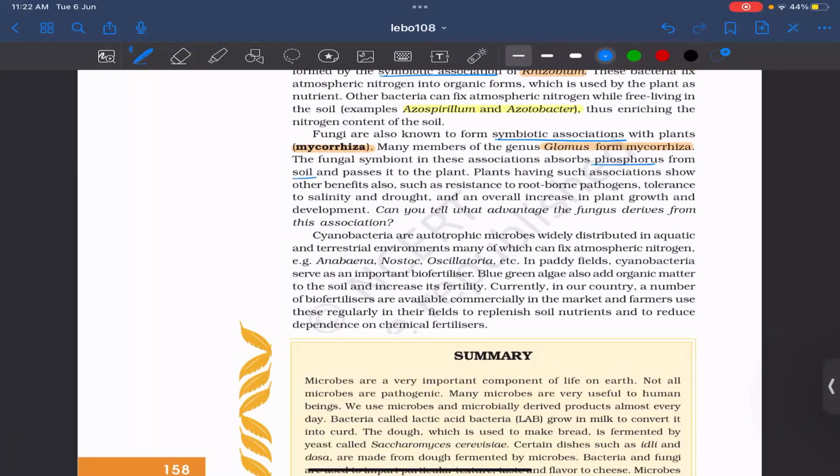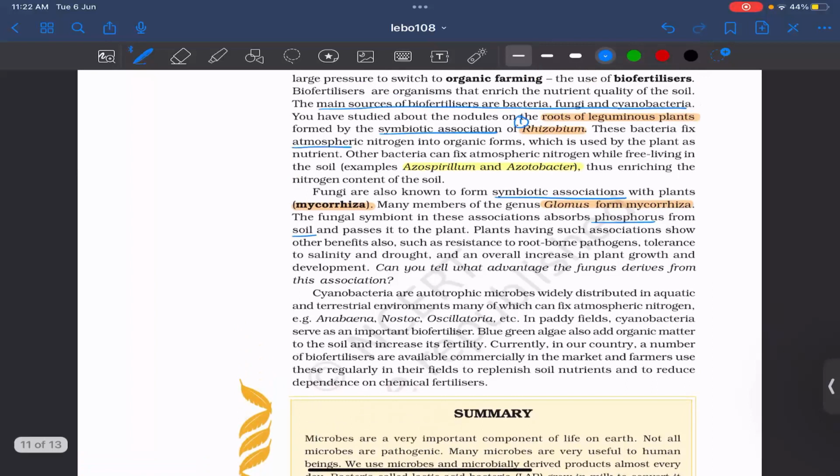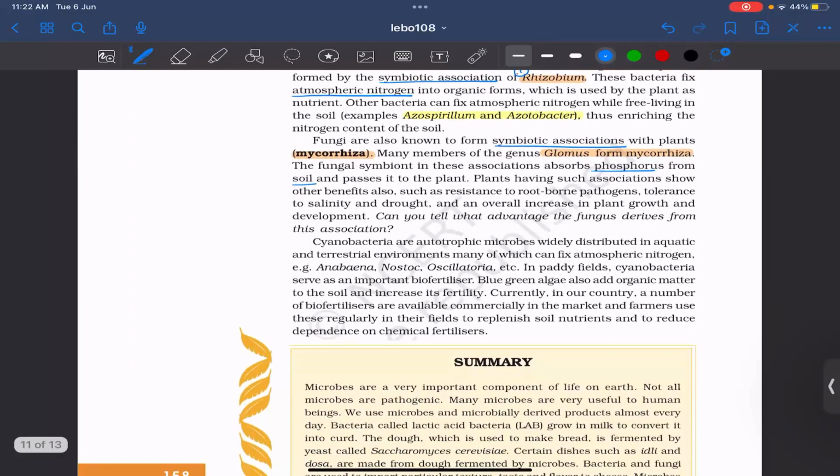Now see, here it was atmospheric nitrogen, now this is phosphorus from the soil. And these associations also benefit the plant, such as resistance from root-borne pathogens and increased tolerance to salinity, drought, and overall increase in plant growth and development. Now, you just need to remember these 2-3 points.